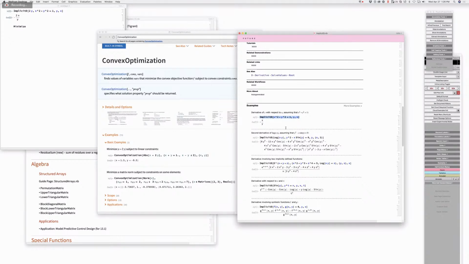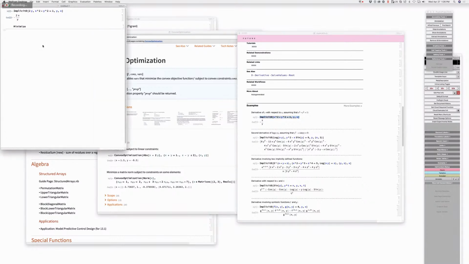Let's go through this again. It is unconvincing to me that just because cons is big, we couldn't write ConvexOptimization of x plus y, comma, big, if we wanted to, comma, x y. There doesn't seem to be anything obviously wrong with packaging those in a list.